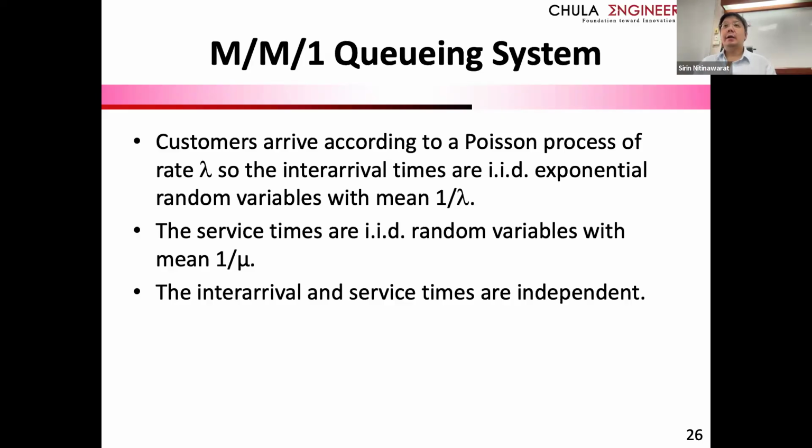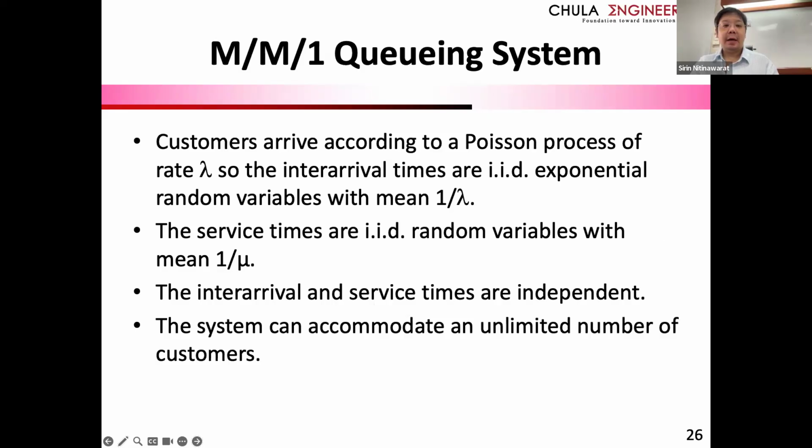The queue will accumulate and grow to infinity. In addition, each customer will have to wait an infinite amount of time in the M/M/1 queuing system. By the memoryless properties, the inter-arrival and service times are all mutually independent, right?